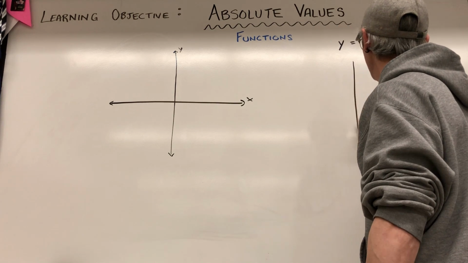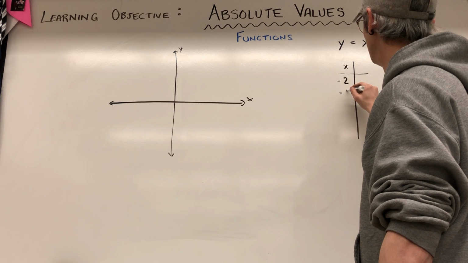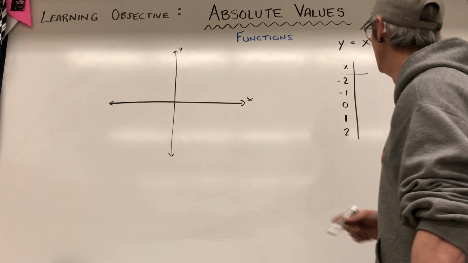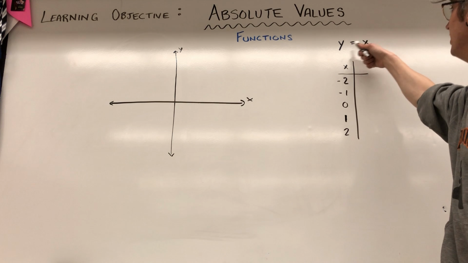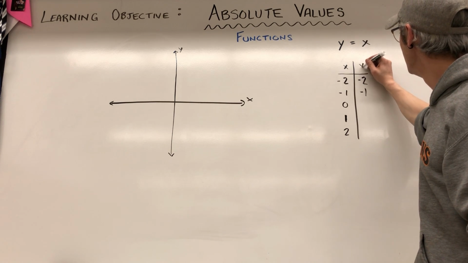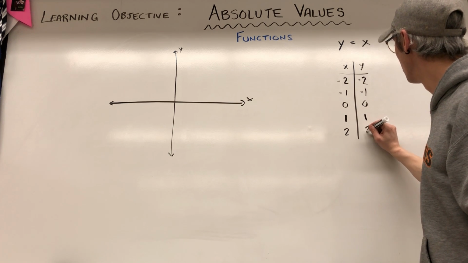If I were to make a table of values for this, I'm choosing values for x, and if y is equal to x, then at -2, I have -2 for y, right? I'm just using the function to figure out my corresponding y's.